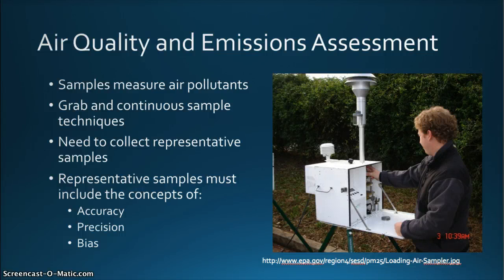Air monitoring is performed to measure air quality for many reasons, including to assess emissions compliance to the National Ambient Air Quality Standards. The 7 criteria pollutants are measured at many monitoring stations across the country.